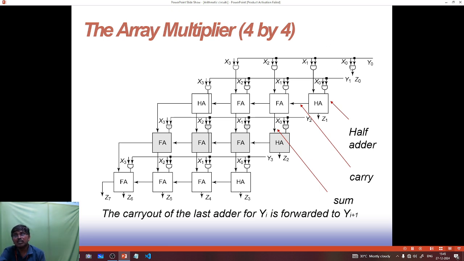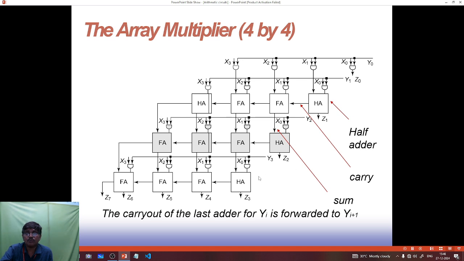In the 4 by 4 array multiplier, the inputs are x0 and y0, x1 and y0, x2 and y0, x3 and y0, and in the next cycle x0 y1, x1 y1, x2 y1, x3 y1. We get z0, and the next half adder output is z1. Then y2 x0, y2 x1, y2 x2, y2 x3.